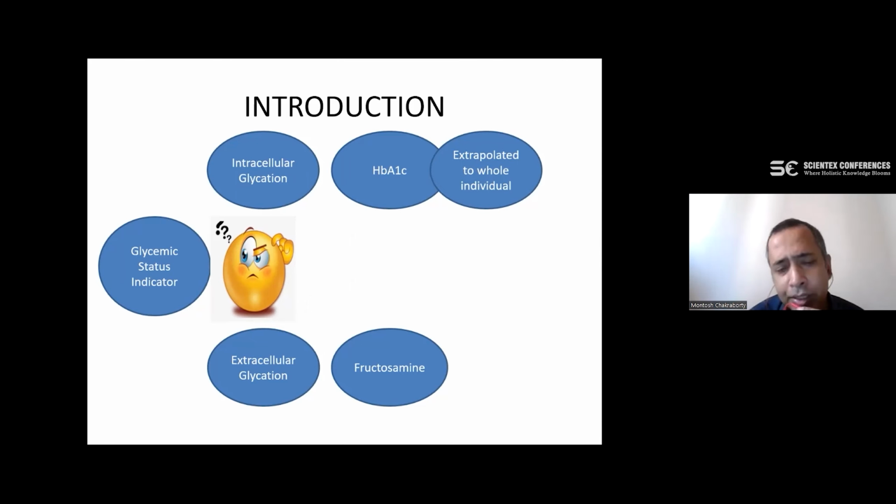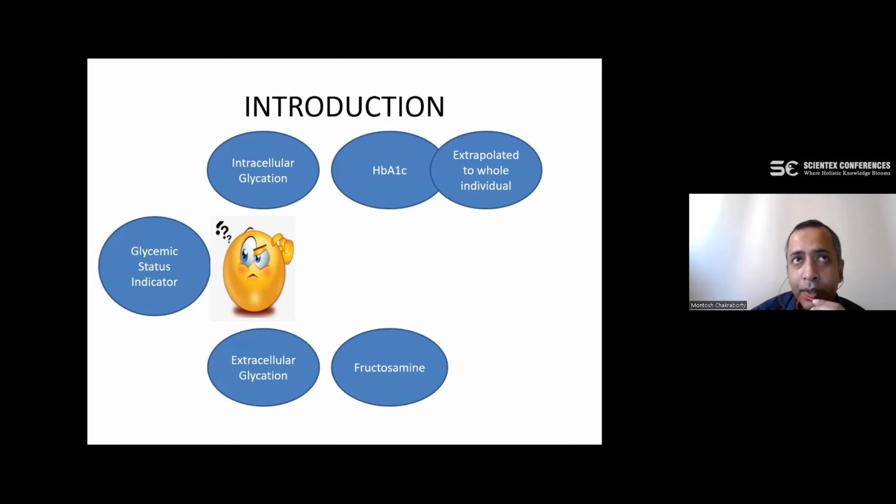Yes, although less popular, we still have another glycemic status indicator, which is fructosamine. That is basically glycated albumin, which is detected by various methods. Glycated albumin is an extracellular glycation.